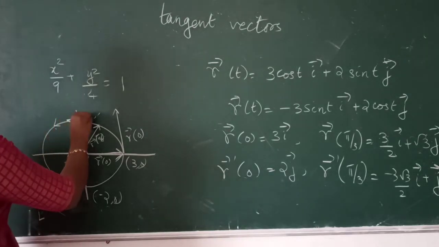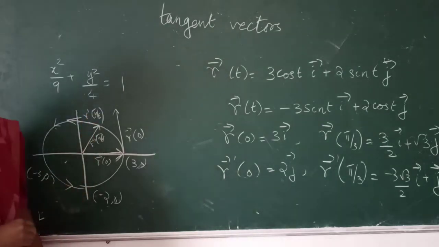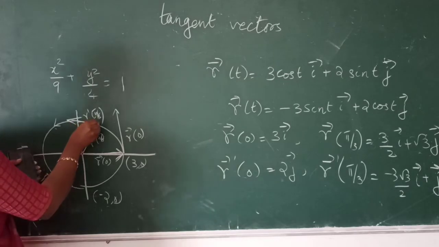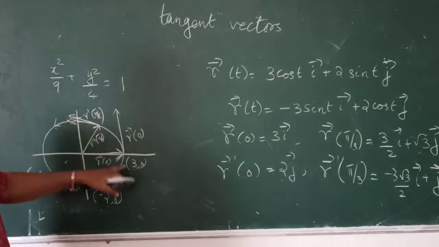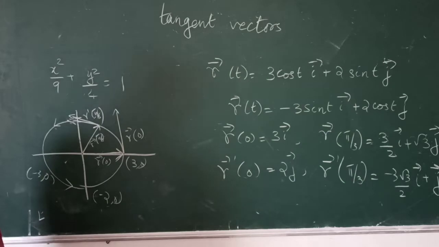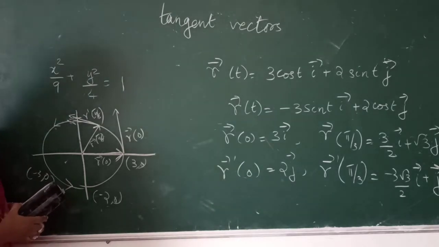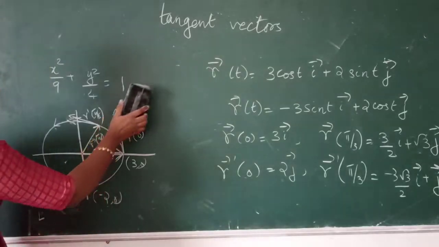So r bar dash of pi by 3 is this, and we have r of 0 is this. So this is our tangent here, and this is our tangent here at these points. Similarly, we can mark the tangent vectors for any point of any given parameterized vector. We can see one more example.